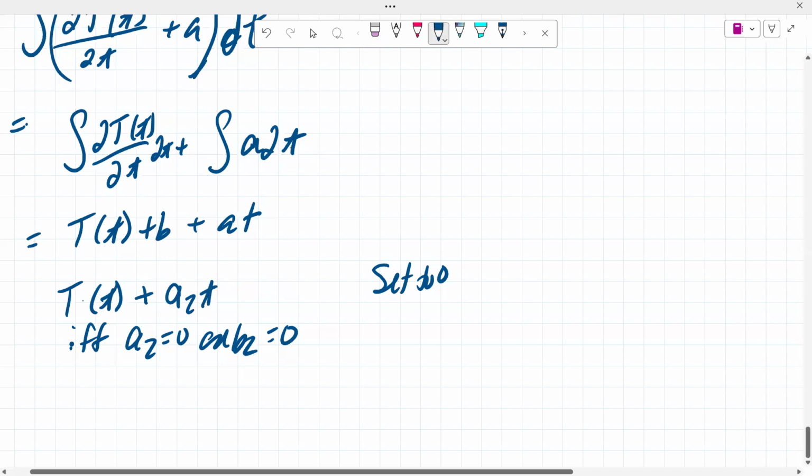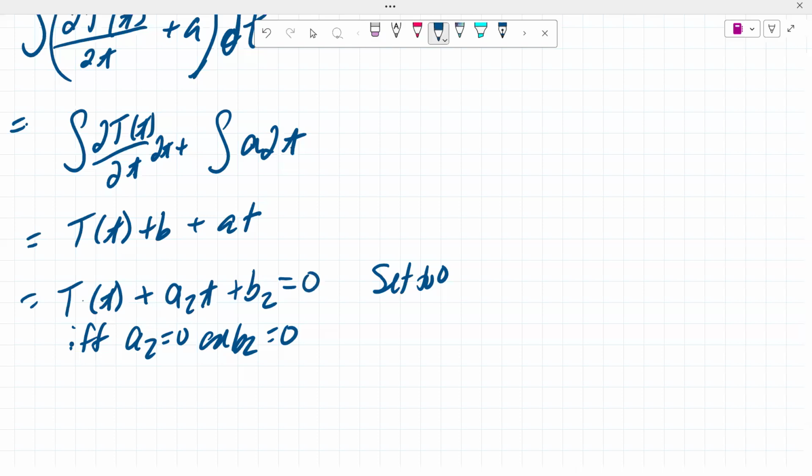I was trying to figure out why it didn't exactly match my notes, and that's why the order was different. Definitely, if A equals 0 and B equals 0, the only way you can sum things up and have it equal to 0 is if the sum of those things is 0.